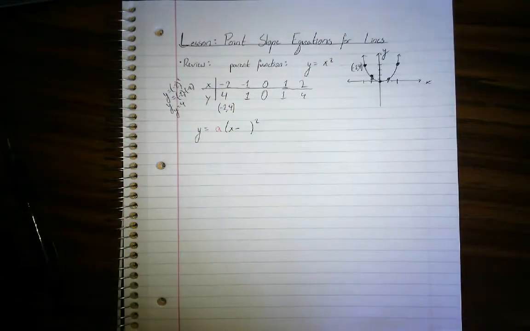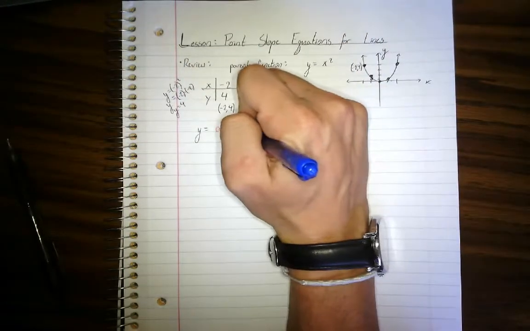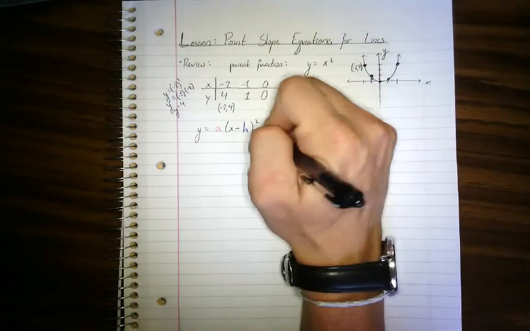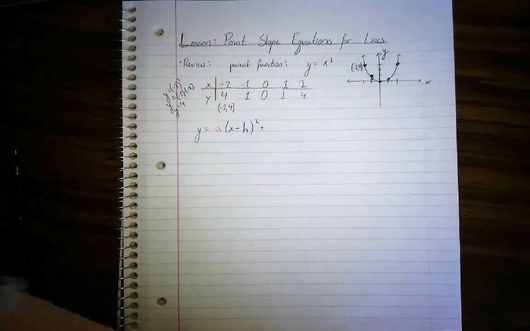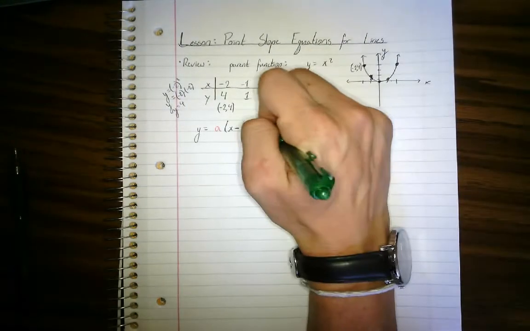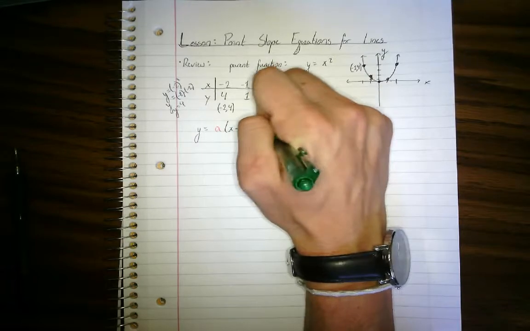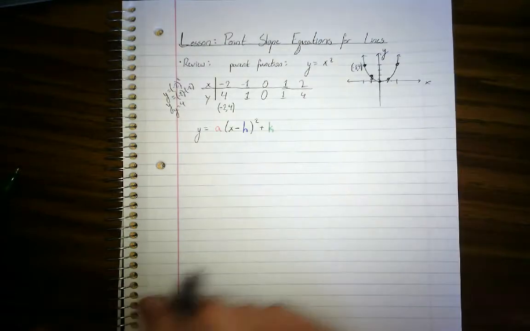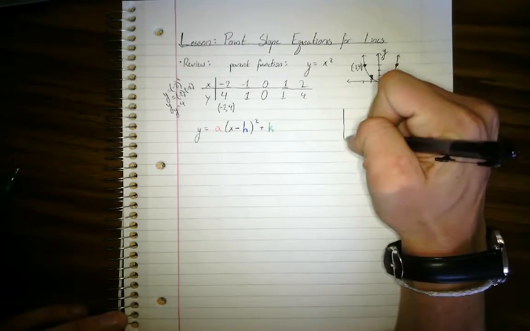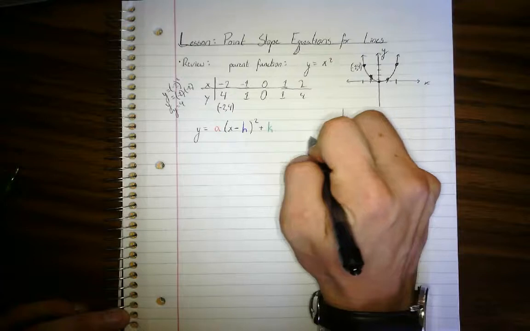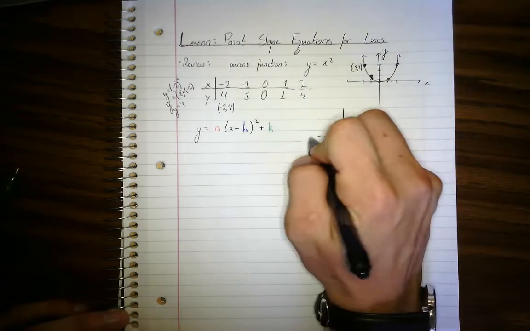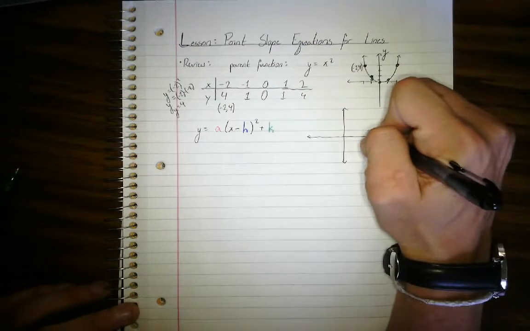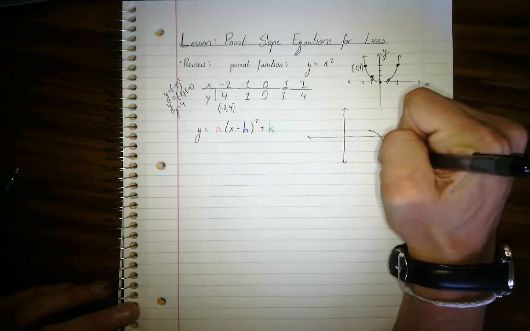We found out that if we subtracted an h from here, this h corresponded to a horizontal shift, and then our plus k would finally give us the vertical shift. So if we were to take this parabola right here, shift it over, maybe stretch it a little bit, and I'm going to do an extreme case here, flip it upside down, so our a is negative.